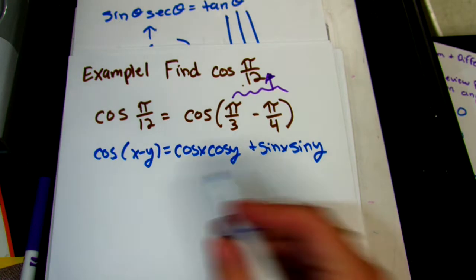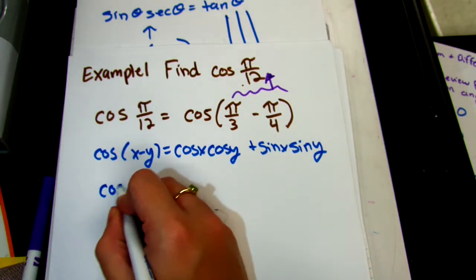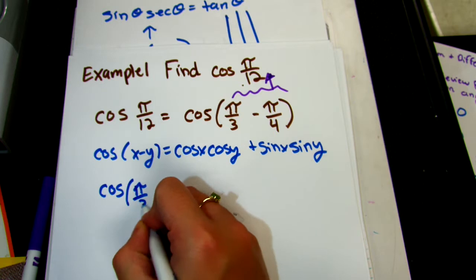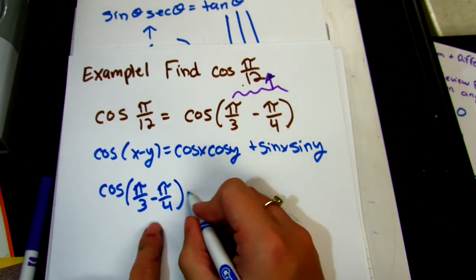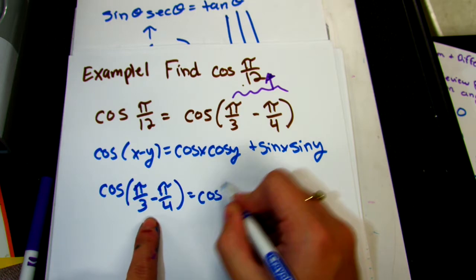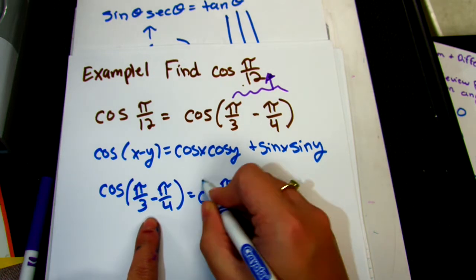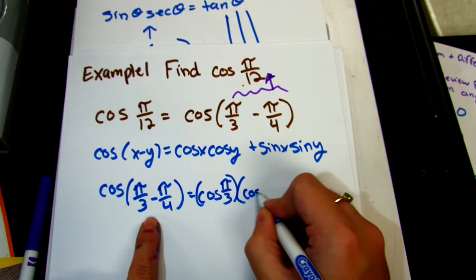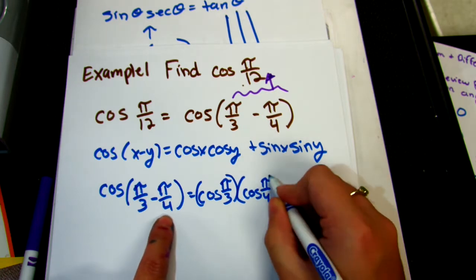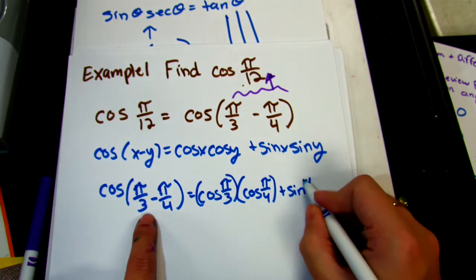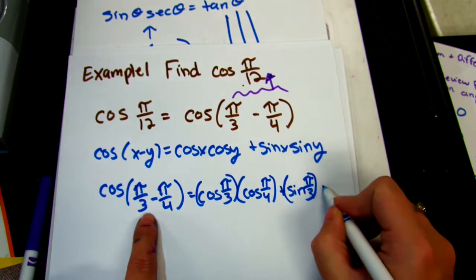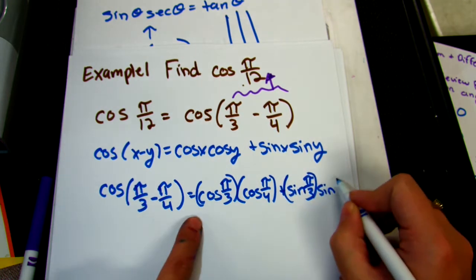Okay, so that means that cosine of pi over 3 minus pi over 4 is going to be equal to cosine pi over 3 times cosine pi over 4 plus sine of pi over 3 times sine of pi over 4.